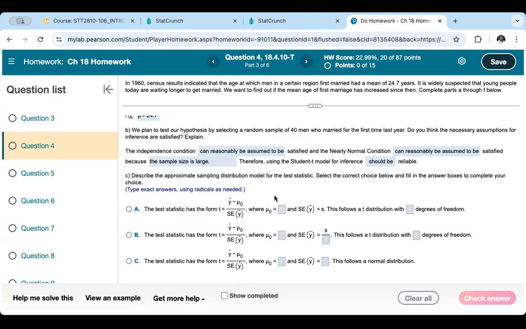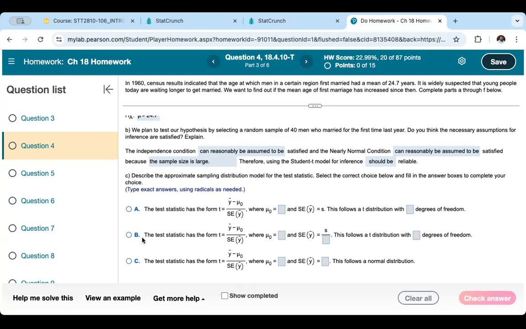And when you look at A through C, the test statistic here is correctly written, because the standard error of Y bar is the same as S divided by the square root of N. If it follows the T distribution, that means C is out. If this is T, it doesn't follow the normal distribution. It follows the T distribution with N minus 1 degrees of freedom. So that alone tells us that C is out.